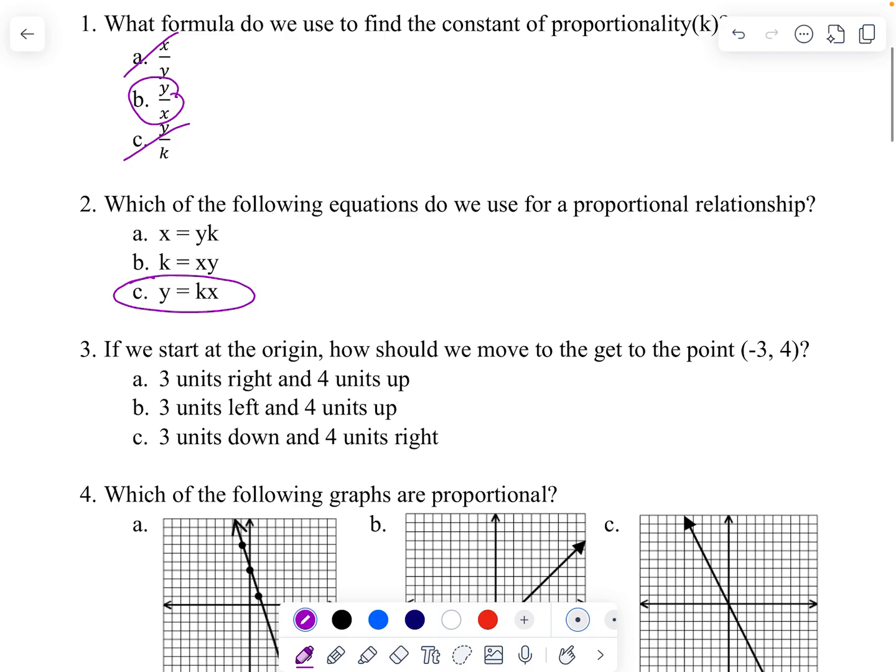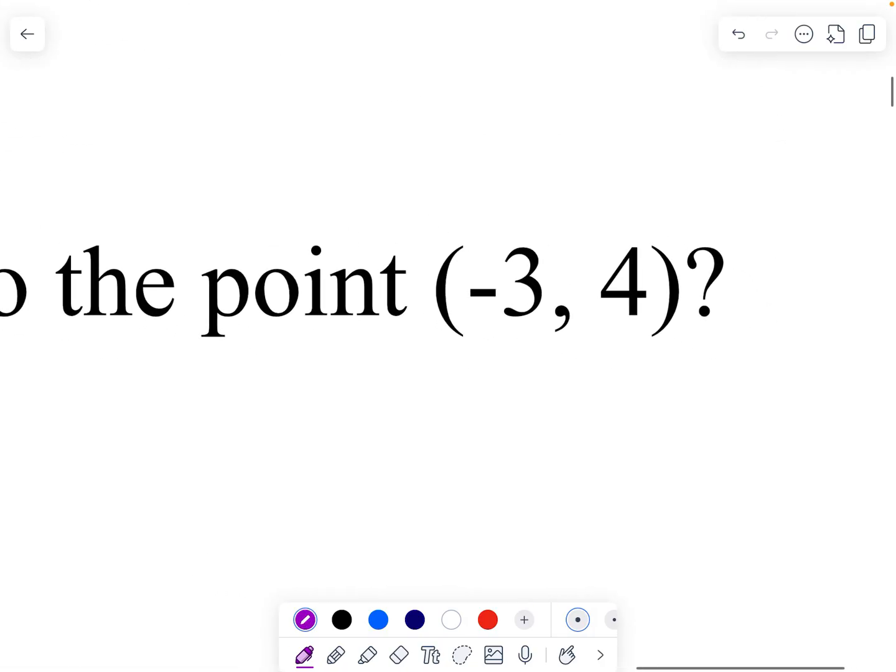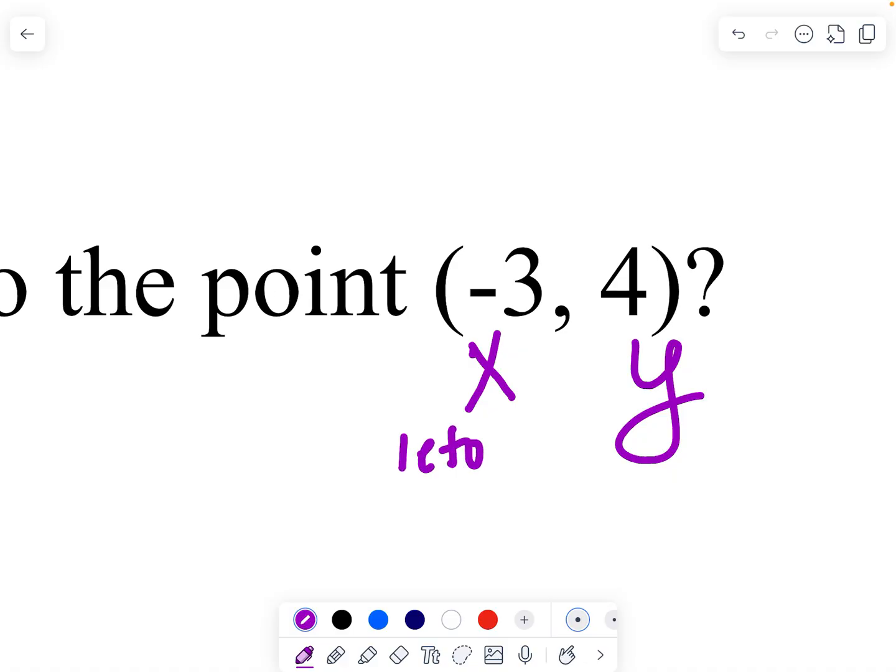Number 3 is just making sure you understand how to plot points. It says if we start at the origin, which is in the middle, how would we move to get to the point -3, 4? So what you have to make sure you remember about points is that the first number is your x value and your second is your y. The x value always tells you whether you're going to go left or right.